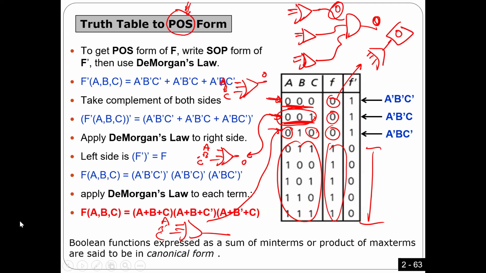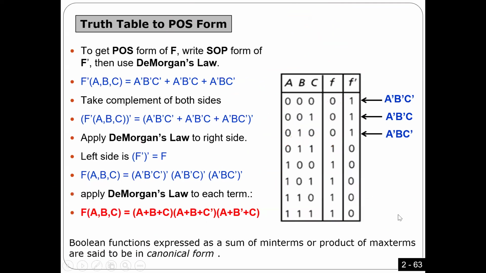In case of product of sum, number one, you have to work on zeros, not ones. Number two, for every case, you have to make a term that has only OR, as you see here. And for every variable, you have to select either the variable or the inversion of this variable, so that the term gives you 0 in this specific case.